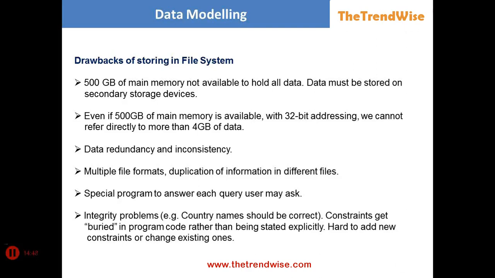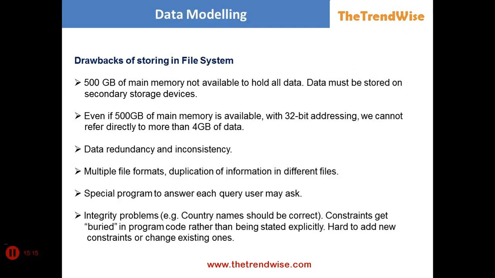Whereas in case of a database system, in any particular DBMS, we have the concept of constraints: the primary keys, the unique keys, something to control the data redundancy. That kind of redundancy is usually managed using the normalization technique in data modeling.